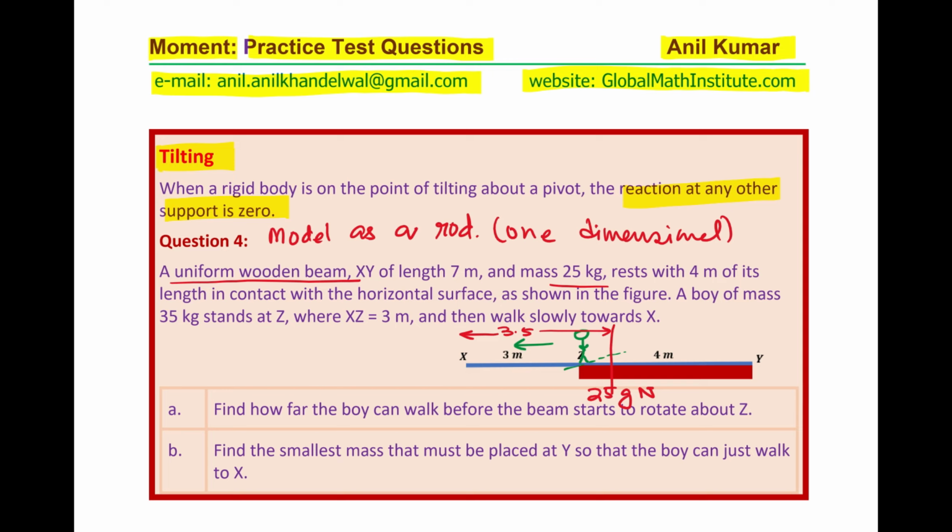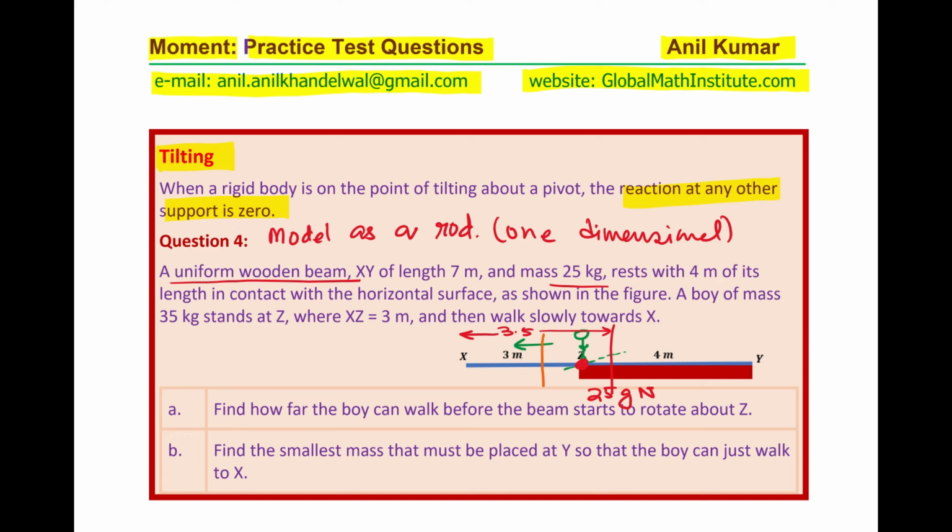Now, how far the boy can walk before the beam starts to rotate about Z: when you're talking about the rotation about Z, the other reactions will be zero. So we can now work at this point Z itself. You can consider the boy to be some distance away from Z, where it starts tilting.